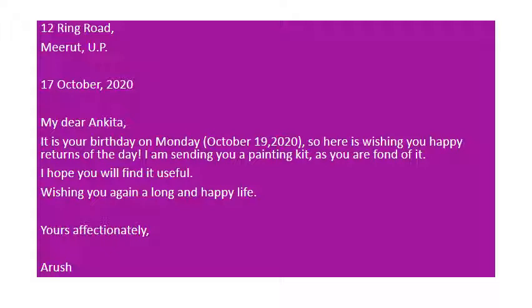So here is wishing you happy returns of the day. I am sending you a painting kit as you are fond of it. I hope you will find it useful. Wishing you again a long and happy life.